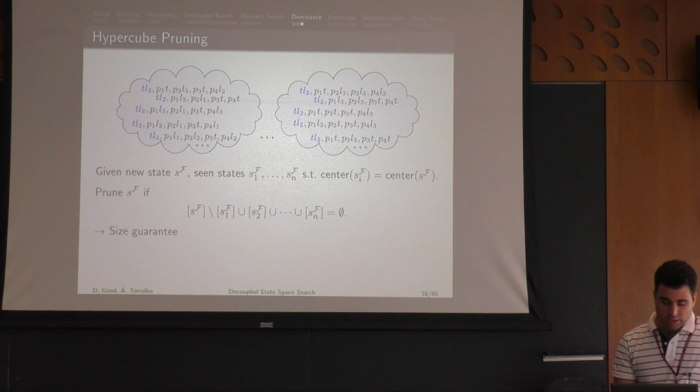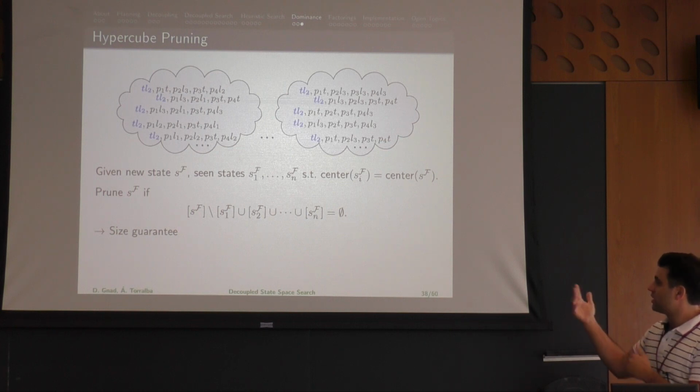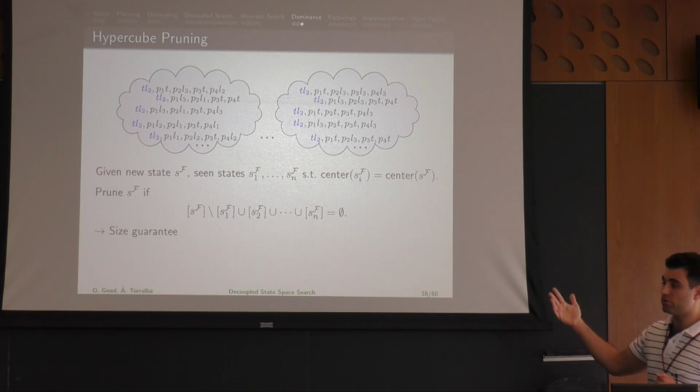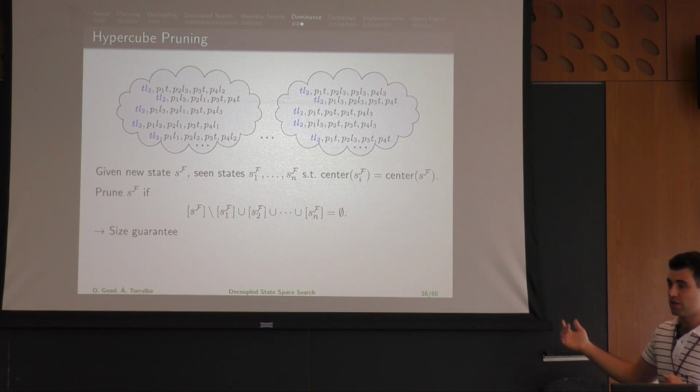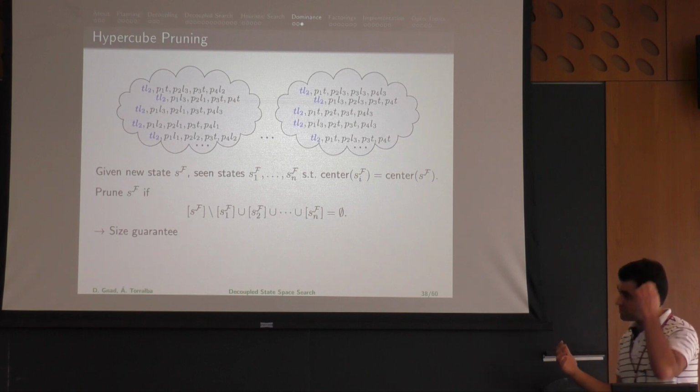And actually, this would be great if you could do it. It would give you a size guarantee. If you could do this, it could guarantee that you are never worse than explicit search. As Daniel told you before, he showed you an example where decoupled search is exponentially worse than explicit search.